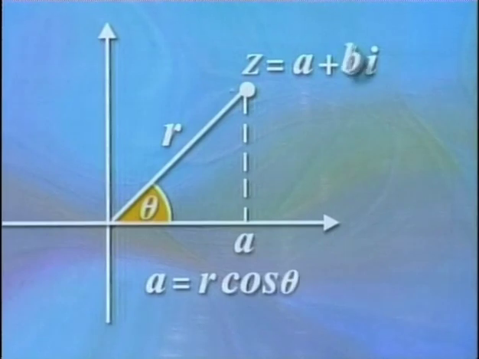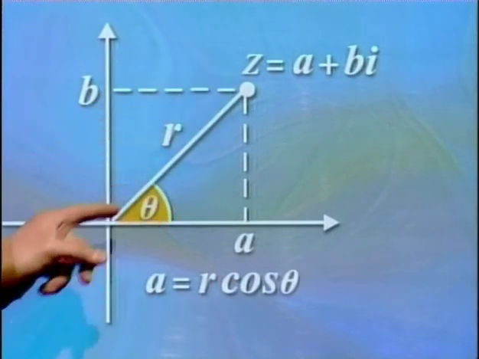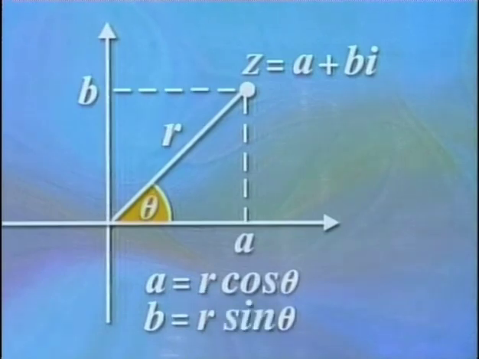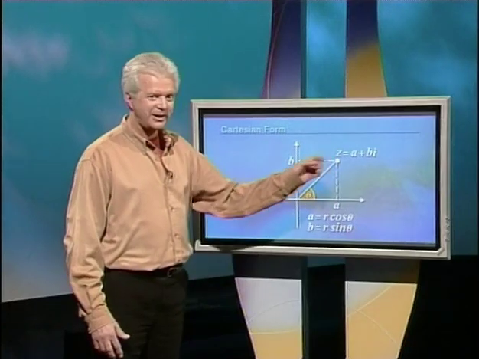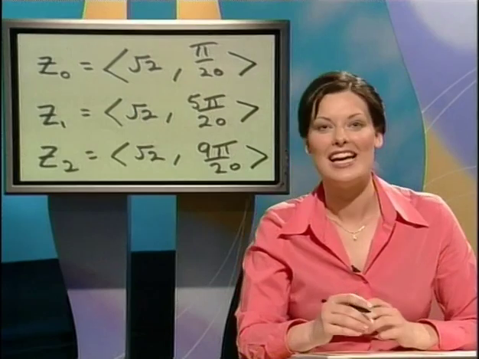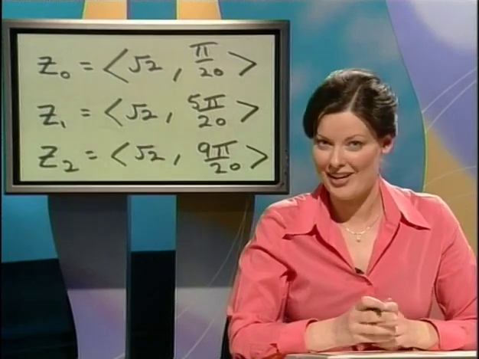And by a similar argument, b, this distance up here, the imaginary part of the number, well, by similar trigonometry, b is r sine theta. So our complex number z, a plus bi, can in fact be written as r cos theta plus r sine theta i.